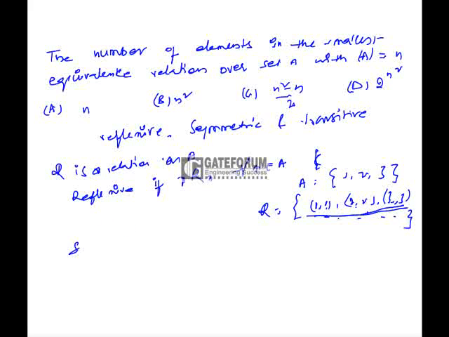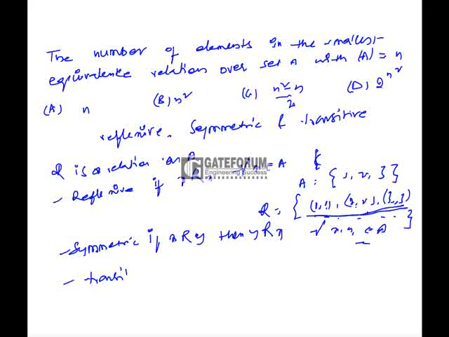It is symmetric if x relates to y, then y should relate to x, for all x, y belonging to A. Then only it is symmetric. And what is a transitive relation?